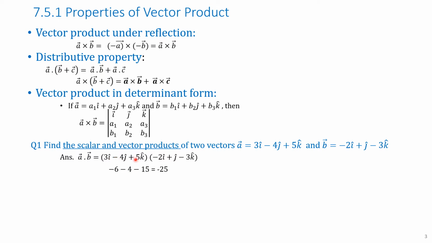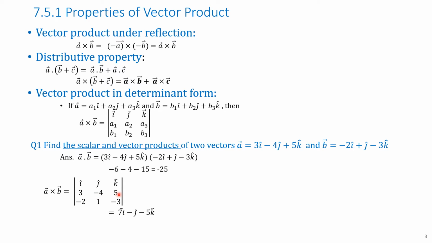That is, i dot i is equal to 1, 2 into 3 is 6. So, simplifying, we get minus 25. Now, we will find the vector product by writing A cross B equals determinant, i, j, k in the first row, then writing the coefficients of vector A, that is 3, minus 4 and 5.